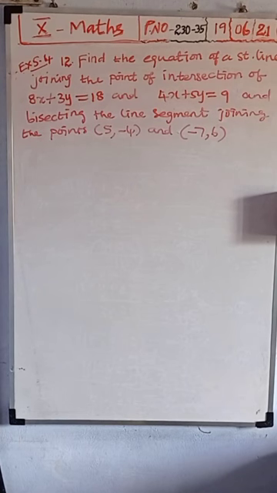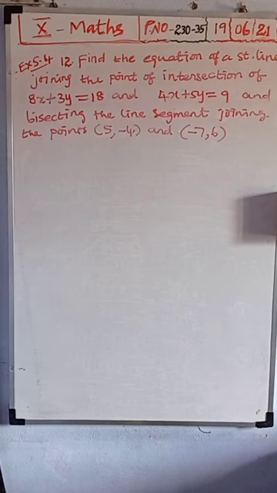Okay, as in the previous question, we do it in the same manner. First we find the point of intersection, and then the bisecting of the line segment. Joining these two points and bisecting the line segment, we will get a midpoint. So the midpoint is one point, and the point of intersection is one point. So we will receive two points. Using the two-point form we will receive the equation of the straight line.